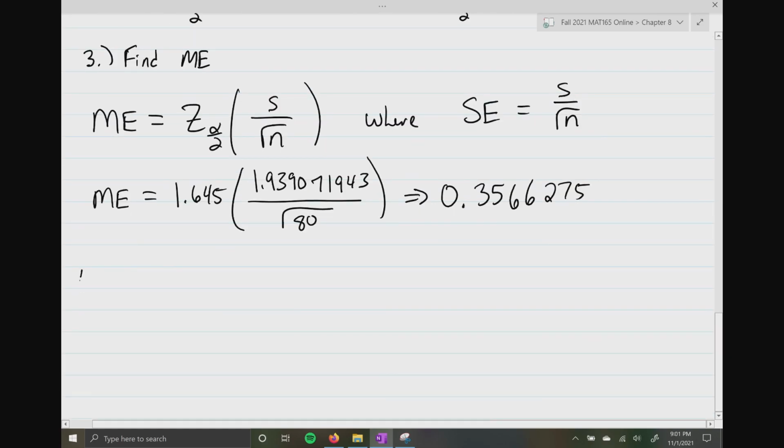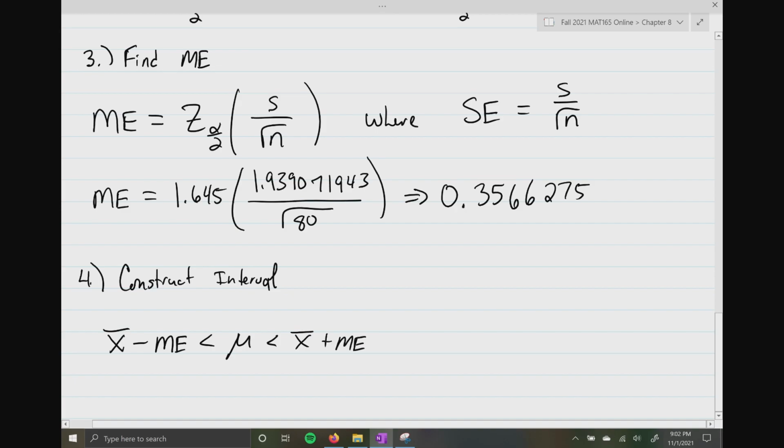So step 4, let's construct our interval. Now the interval here is going to be the exact same as the previous. It's just a different parameter. So this interval is going to be x bar minus the margin of error, which is less than mu, which is less than x bar plus our margin of error, okay?